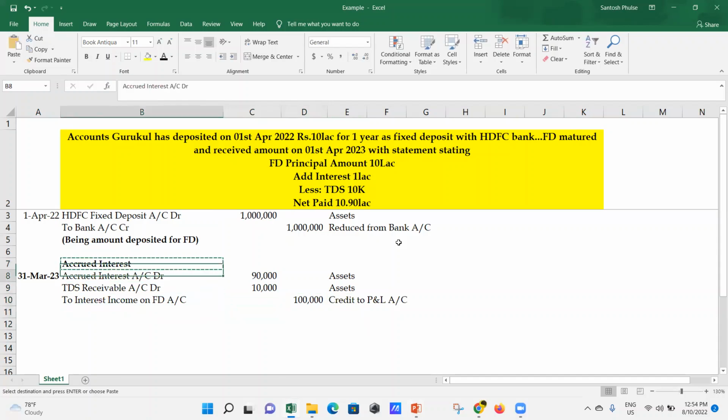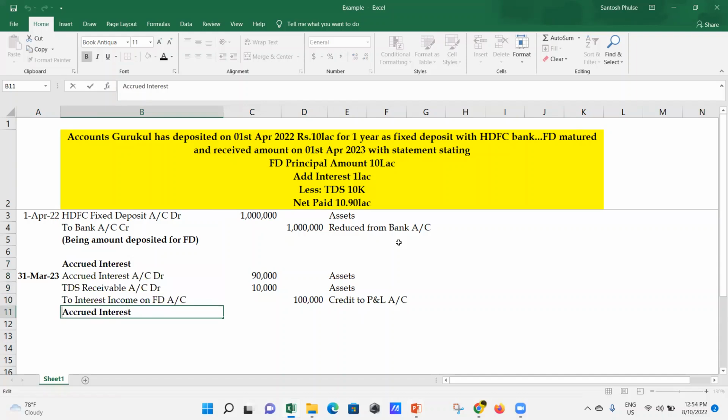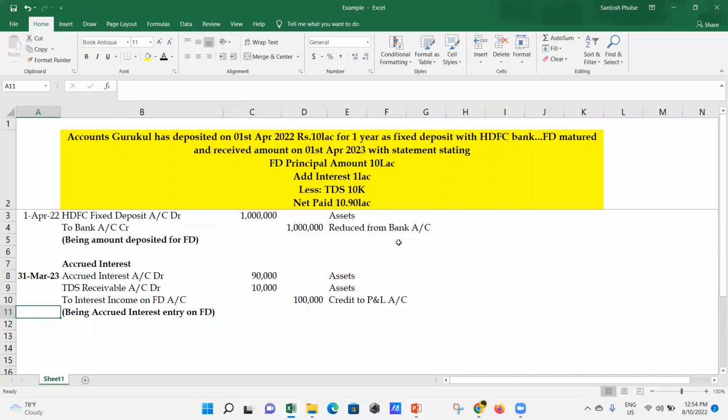So this is the accrued interest entry on the fixed deposit. Related to accrued interest, we have to pass this entry into the books: accrued interest account debit, which is parked towards assets; TDS receivable account debit, whatever TDS amount is deducted, which is also parked towards assets; and to interest income on FD account, 1 lakh credit to P&L.